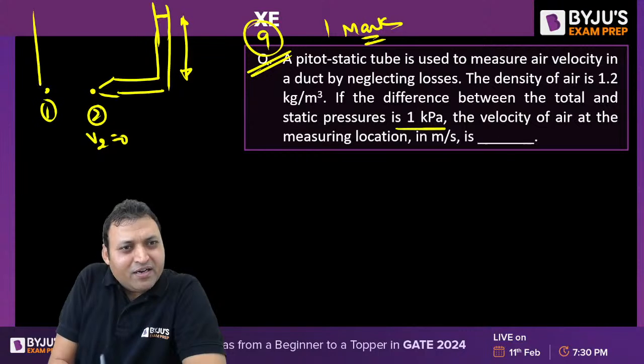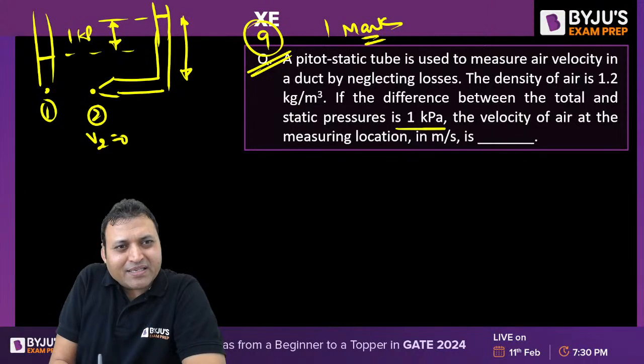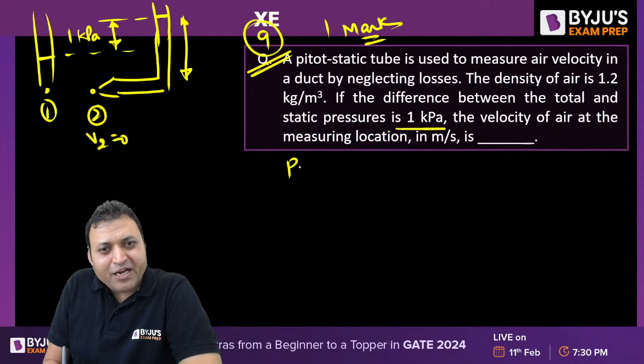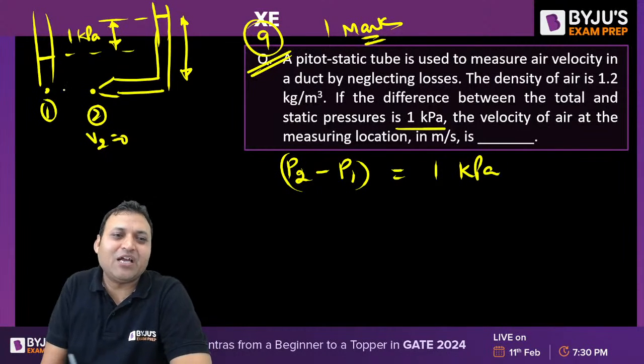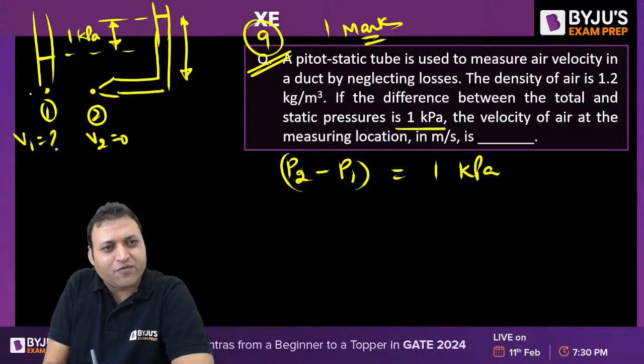This is point 1, where it will be the static pressure head. The difference of these two pressures is 1 kilopascal, so we can say P2 minus P1 is 1 kilopascal. What is the velocity of air at the measuring location, V1? The question is to find V1.